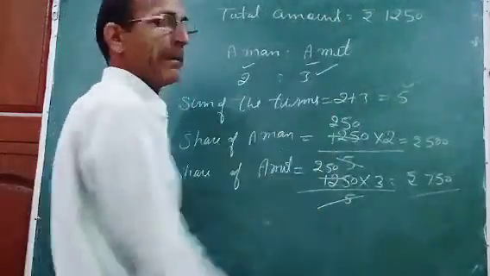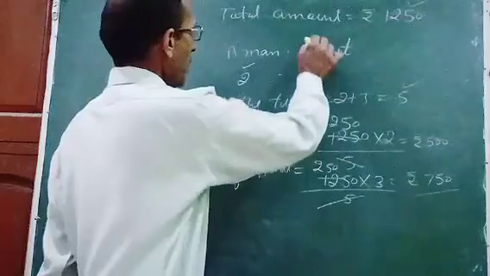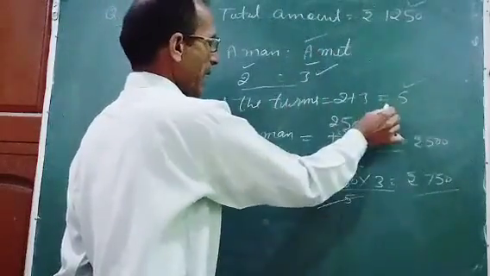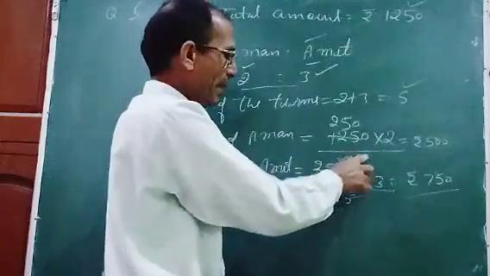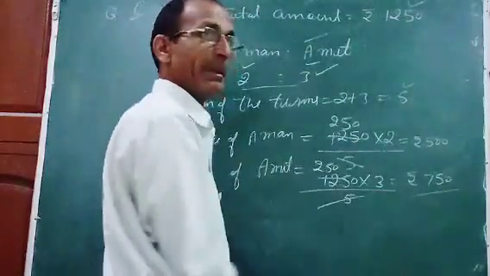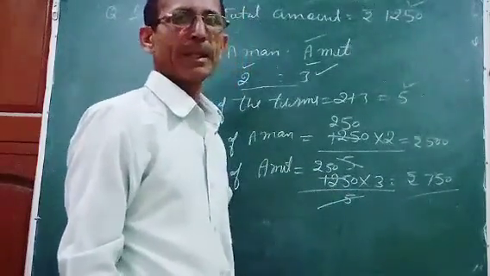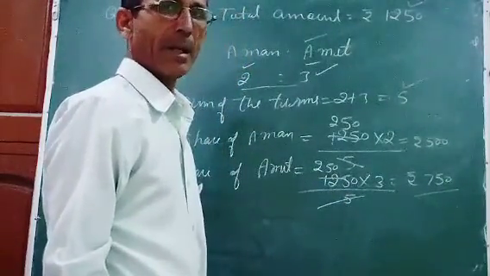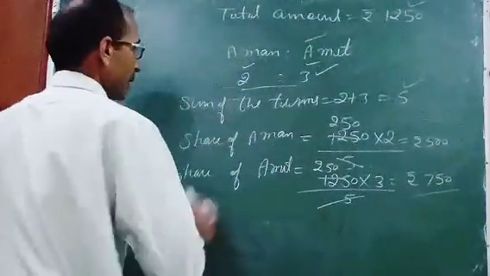Okay. So once again I am repeating. Total amount 1250, sum of the terms is 5. Now share of Aman: total multiplied by ratio of Aman divided by 5. So it will be 250. Similarly, we can find the share of Amit.